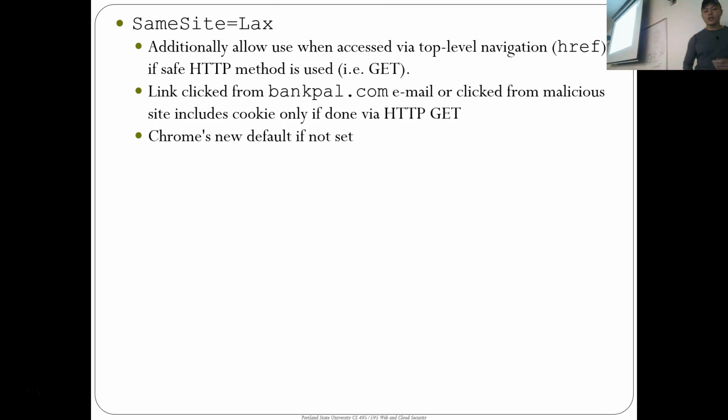Okay, so another setting for this is Lax. With Lax, you always send a cookie when you're on the first-party site, but Lax also allows you to send the cookie whenever the site is being accessed via a top-level navigation, like an href, but only if that href is using a safe HTTP method, basically a GET.